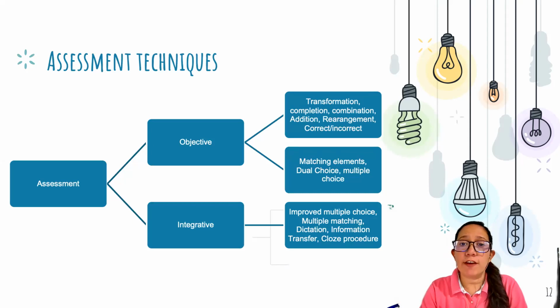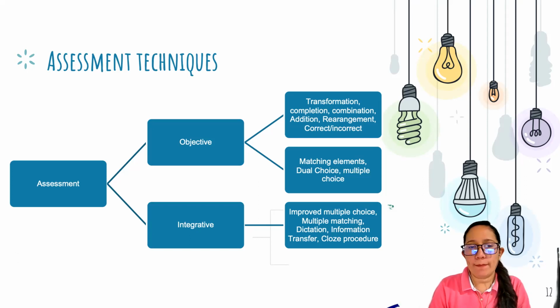As for the objective, we can find transformation, completion, combination, addition, rearrangement, correct or incorrect, matching elements, dual choice, multiple choice. As for the integrative, we can find improved multiple choice, multiple matching, dictation, information transfer, and cloze procedure.